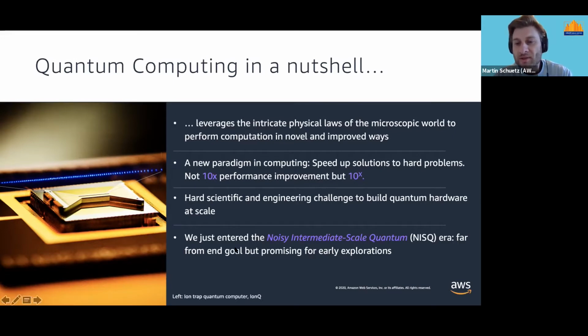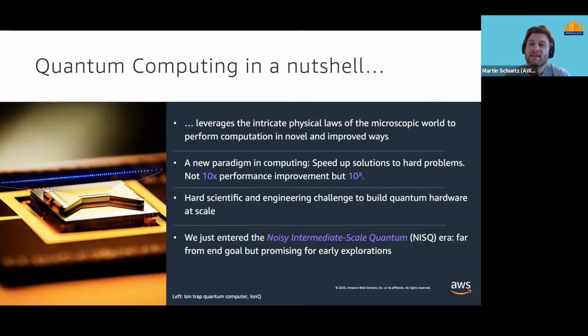So what does it mean, noisy intermediate scale quantum era? Well, noisy because these qubits still are prone to errors simply because of noise. So, any sort of environmental effects that disrupt the information that you encode in a qubit.